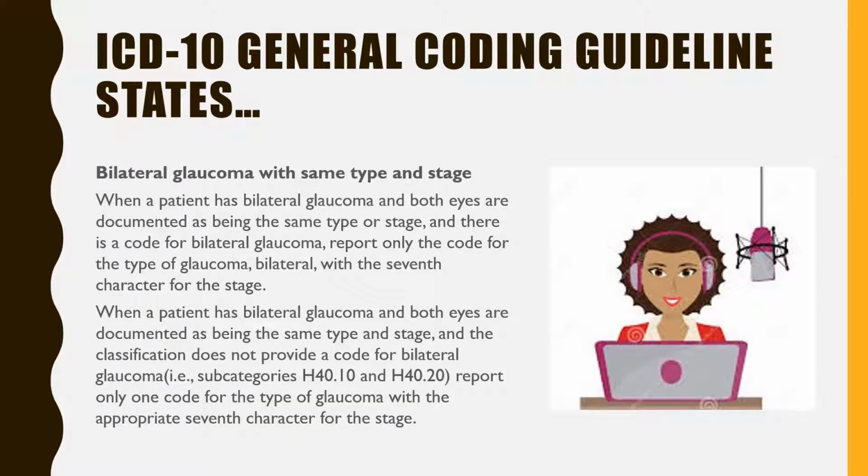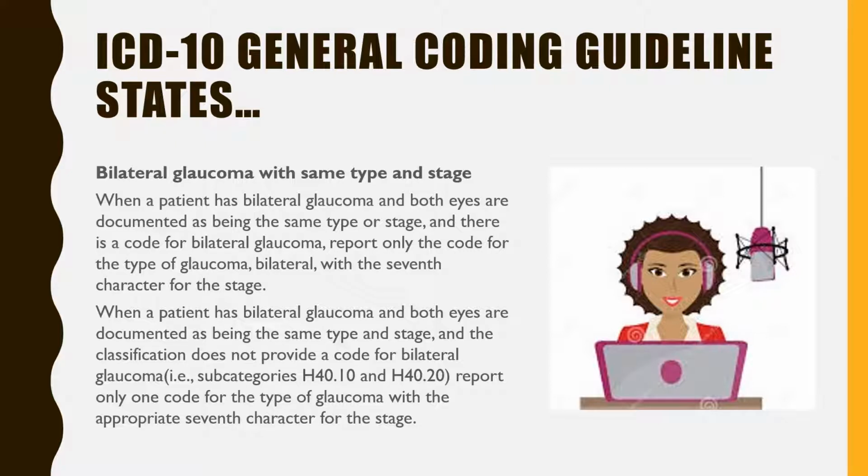The ICD-10 General Coding Guideline further states, as it pertains to bilateral glaucoma with the same type and stage, when a patient has bilateral glaucoma and both eyes are documented as being the same type or stage, and there is a code for bilateral glaucoma, report only the code for the type of glaucoma, bilateral, with the seventh character for the stage.